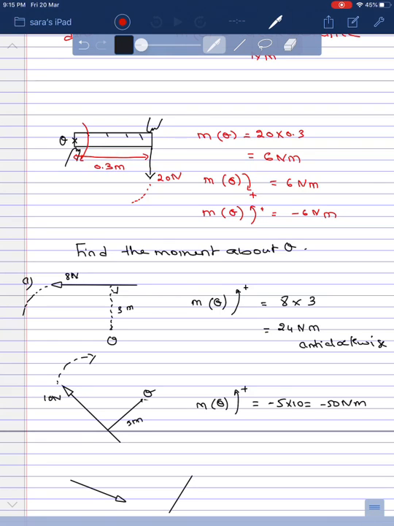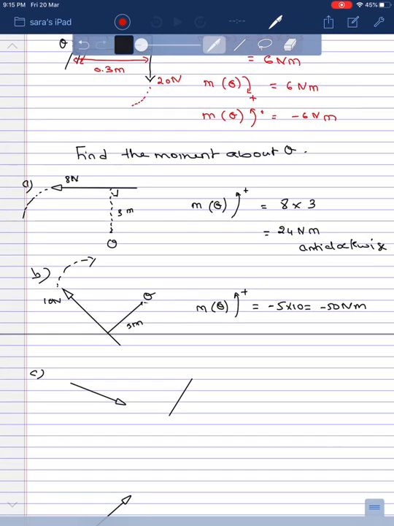Why the minus? Because this force is going clockwise, and I decided the positive direction of the moment to be anti-clockwise. So this is part B. If I go to part C, this is the force. Let's say this force is 14 Newton, and this is point O. How can I know how far O is from this force?